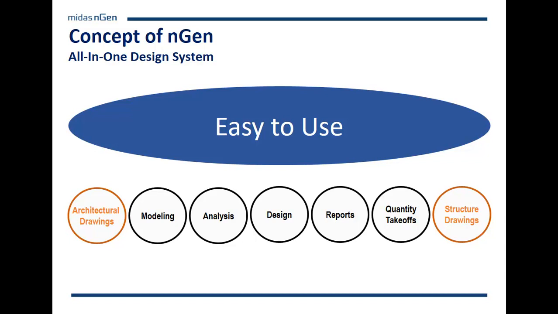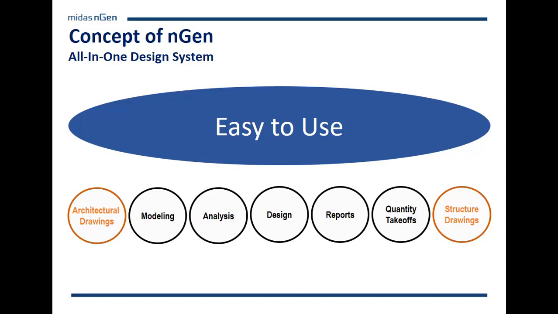For RC members, you can design RC beams, RC columns, RC walls, and RC slabs. Slabs can be of plate or membrane type. And then you can generate the reports quickly. Analysis as well as design reports can be generated very quickly, and there is an in-house word processor for the project reports.